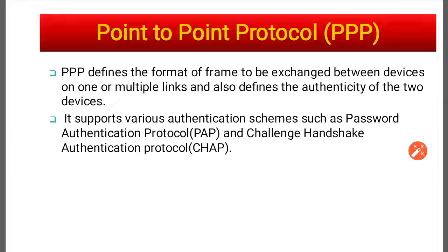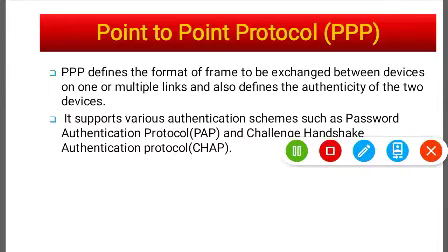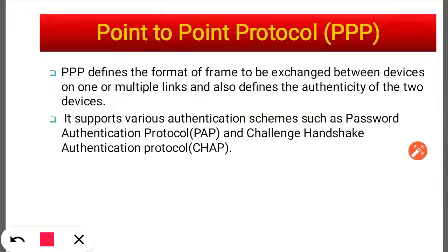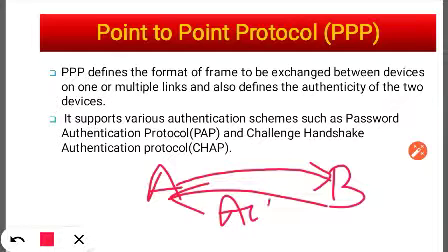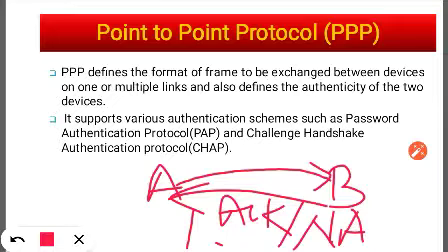Handshake authentication protocol is nothing but, suppose, I'll give you an example. Suppose A is a point and B is a point. Basically, there are two computers of different networks. When A is sending information to B, A will wait till B sends an acknowledgement, ACK. And if B does not get the information, then it will send a NAK, that is, not acknowledged.